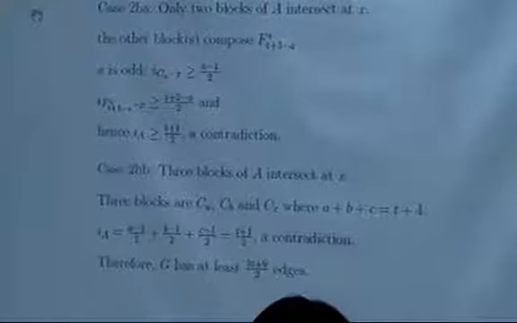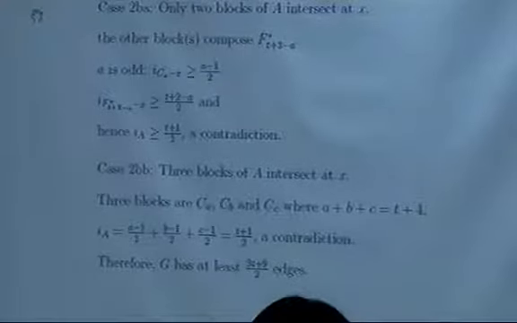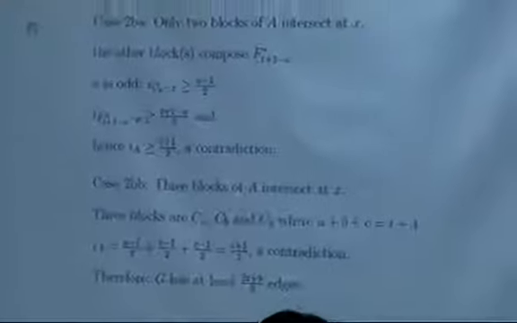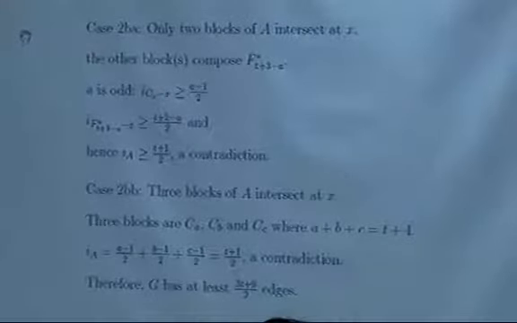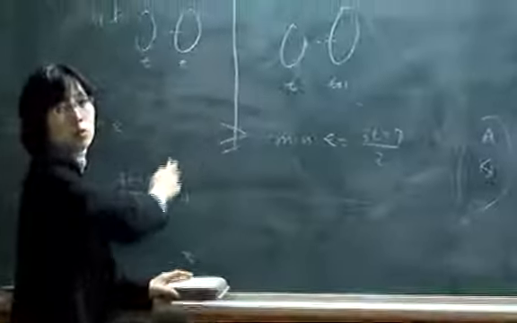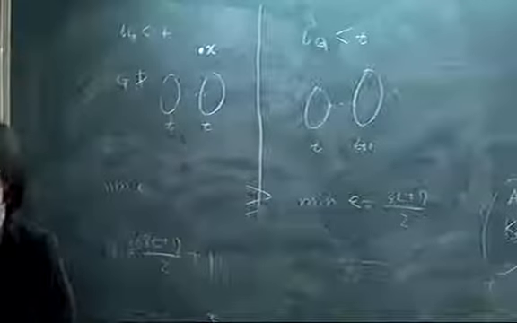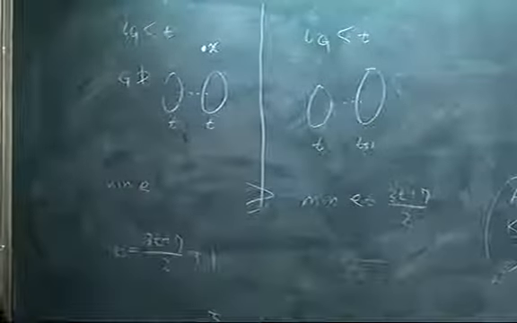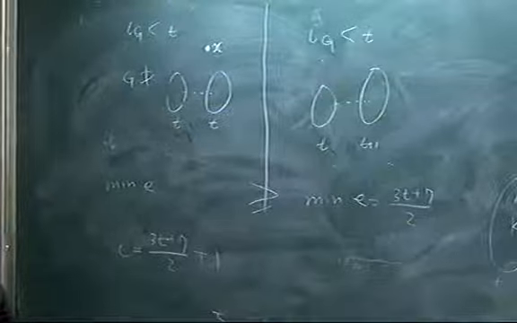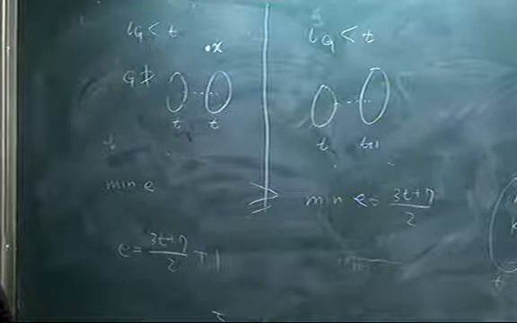If A minus x contains an odd component, then we will make a part of order t. So in that case you have x and some component of order t, and the other component of order t. So you contain that kind of graph. So we should assume that A minus x does not contain an odd component.